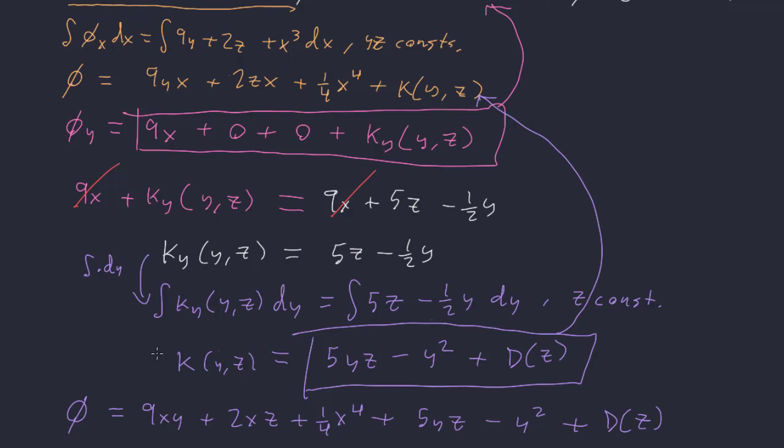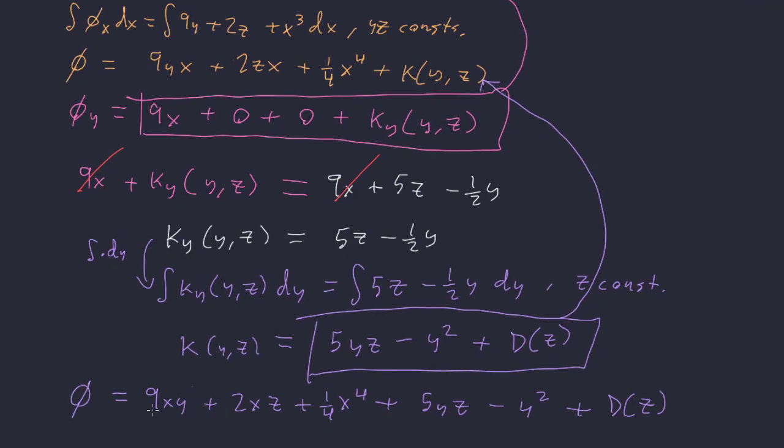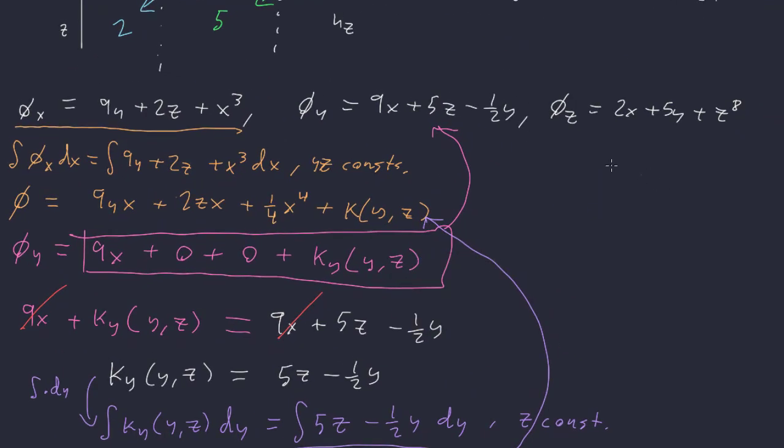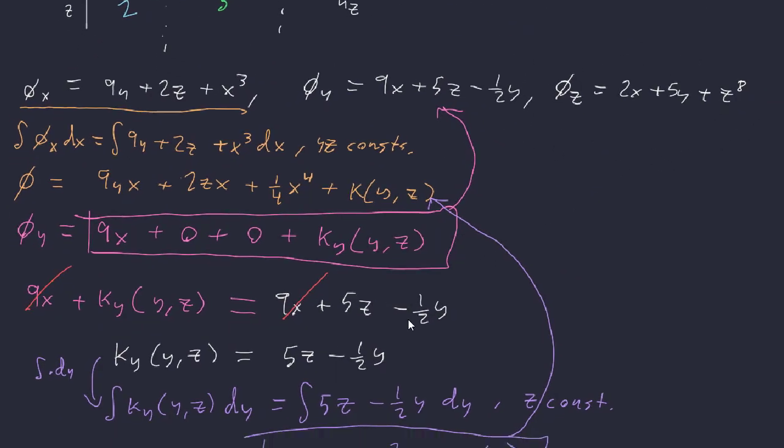Okay, and now, like we've done in the past, we differentiate with respect to z, our final variable, and then compare it to this phi sub z.